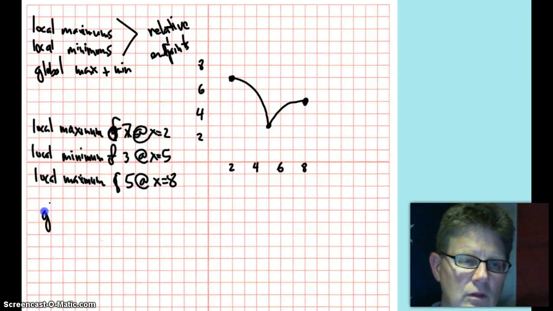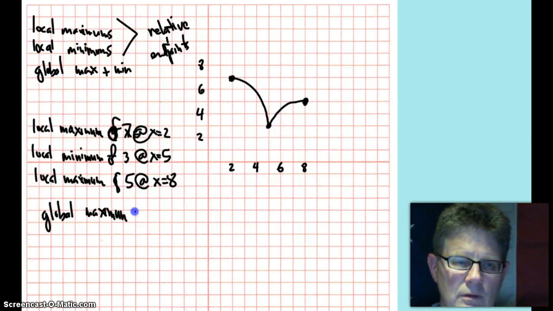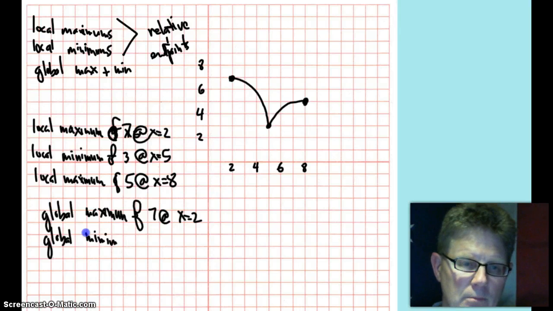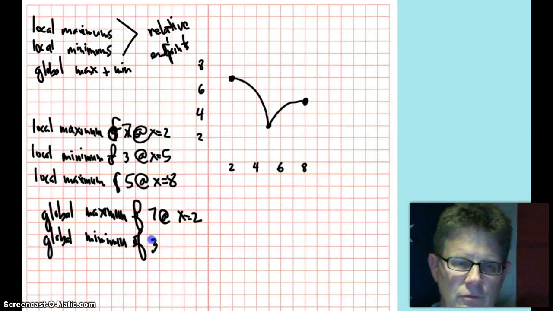We have a global maximum of 7 at x equals 2, and of course we have a global minimum of 3 at x equals 5.